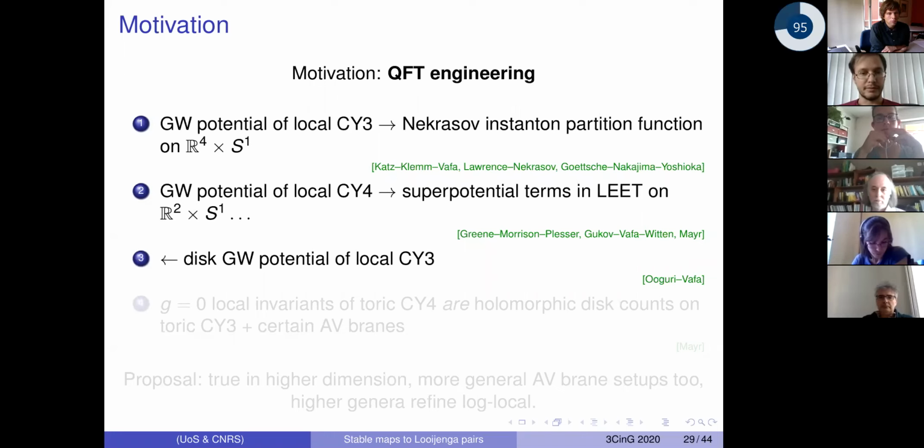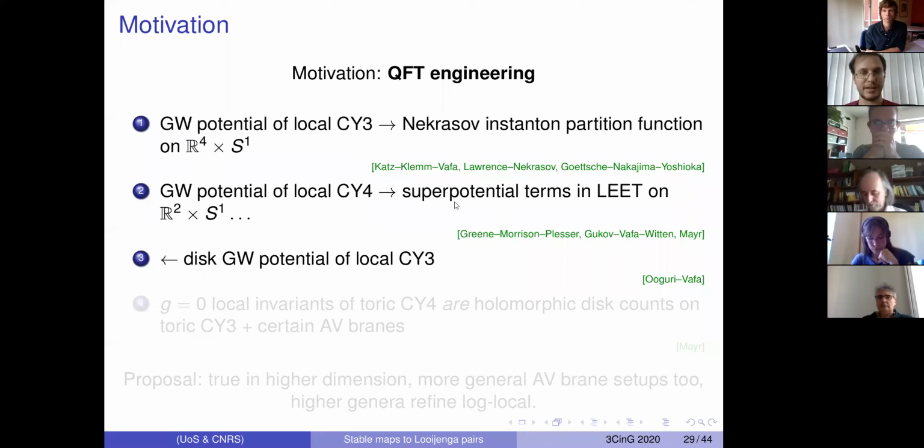There is, however, an alternative way of computing the superpotential terms, which is by considering D-brane setups in a local 3-fold. One could take a 3-fold with a Lagrangian and consider D4 branes wrapped on the Lagrangian with 2-dimensional extent. In that case, the disk Gromov-Witten potential for that Lagrangian submanifold would compute exactly the same superpotential terms.